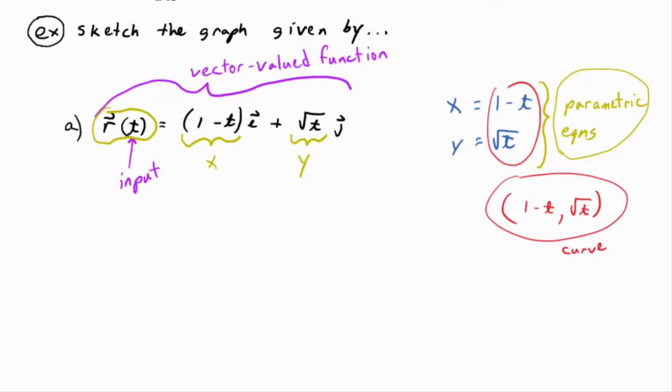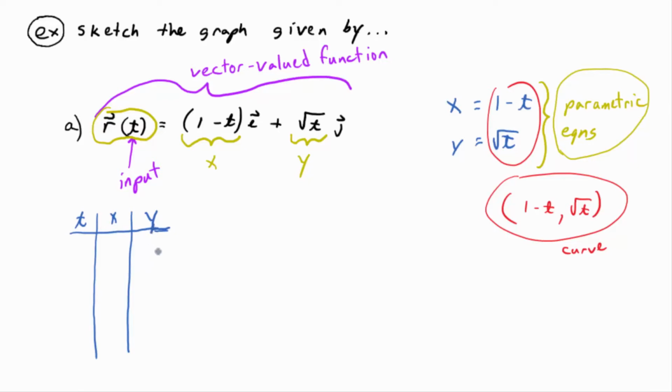So that's why it makes sense, if you want to get an idea of what this curve looks like, to plot a t value. So you pick a t value, t is your input, and then see what your output is in x in terms of t and y in terms of t.